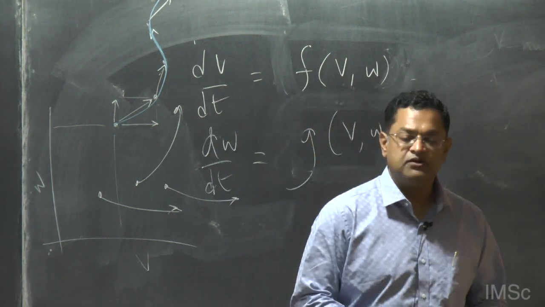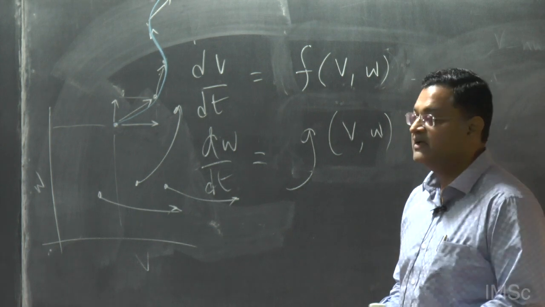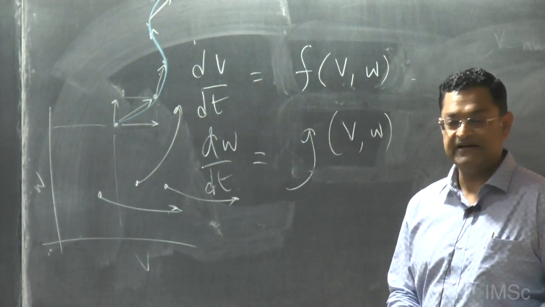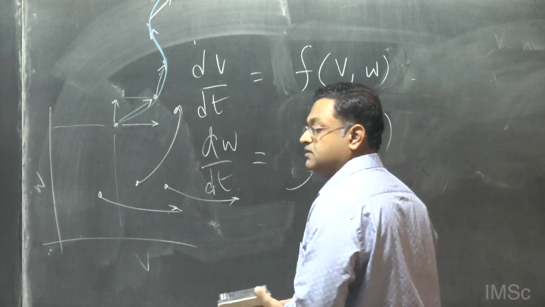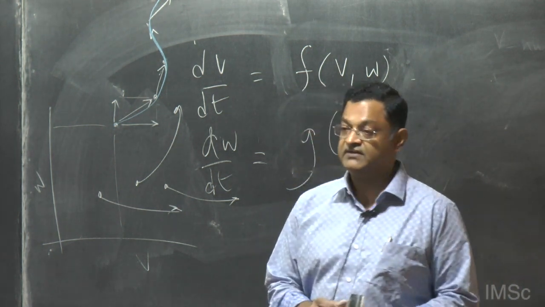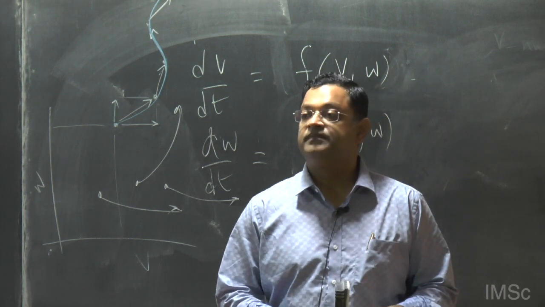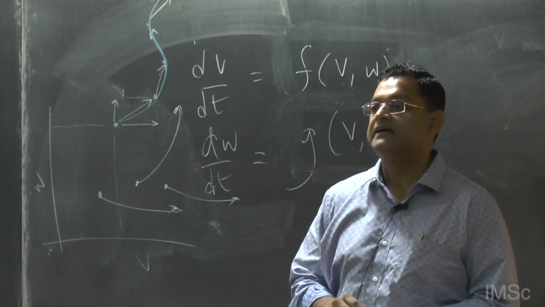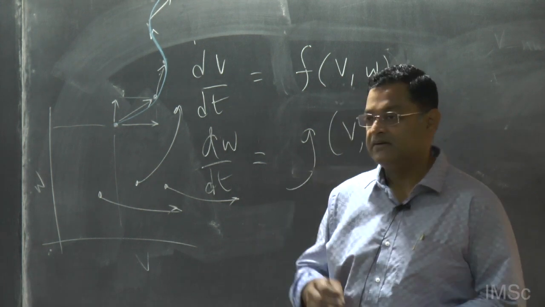There's one important thing to notice for these trajectories: they will never overlap. They will never cross each other. Why is that? That's correct.